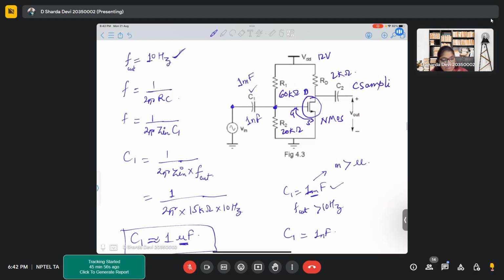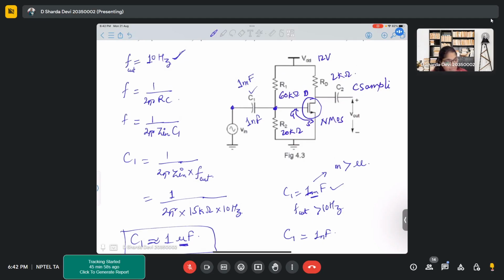So this cutoff frequency will actually reduce. Your cutoff frequency is less than 10 hertz. Is this clear? Frequency will actually reduce, it will not increase.